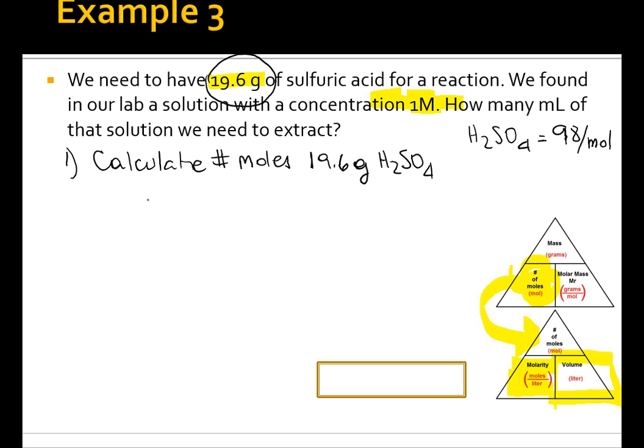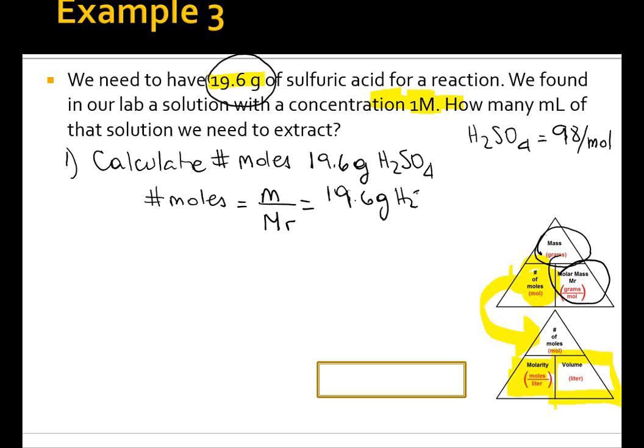Now, the number of moles then is going to be the mass that we have divided by the molar mass. In this case, the mass is 19.6 grams of sulfuric acid divided by 98 grams per mole.